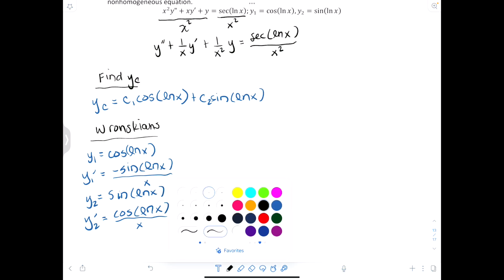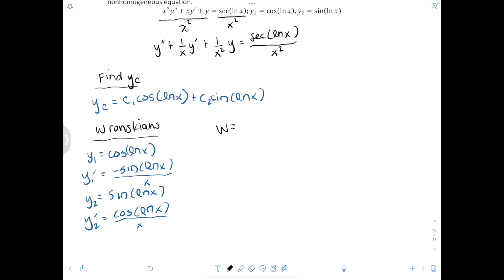So w equals cosine of natural log of x and negative sine of natural log of x over x, and then sine of natural log of x, and then we'll have cosine of natural log of x over x.